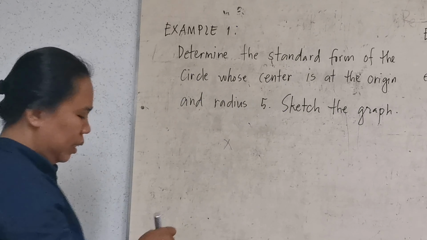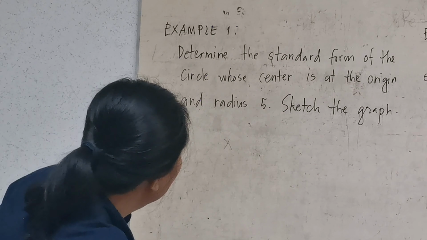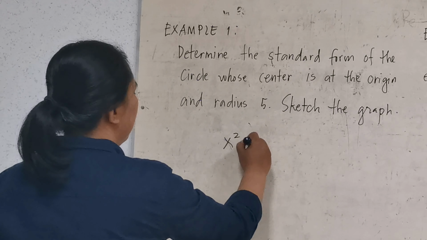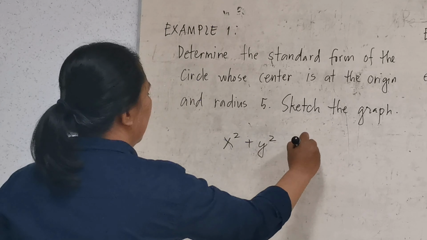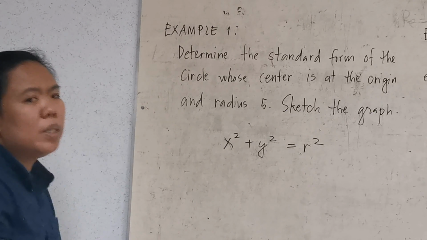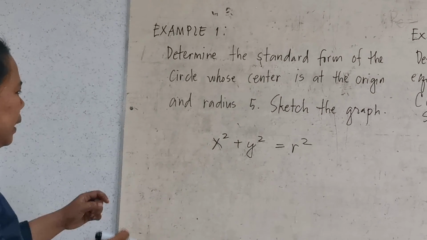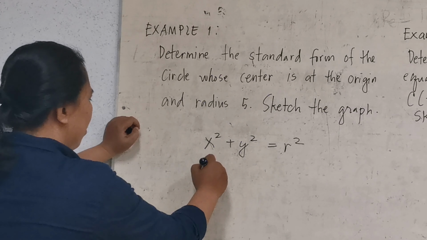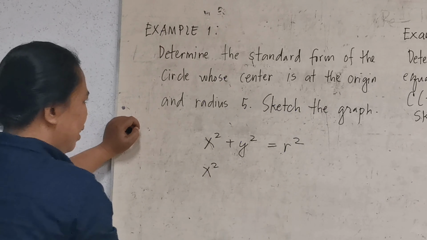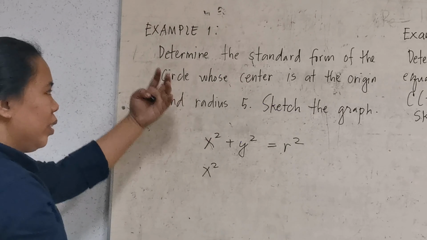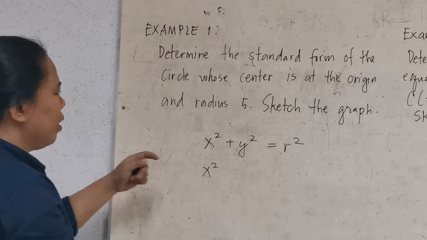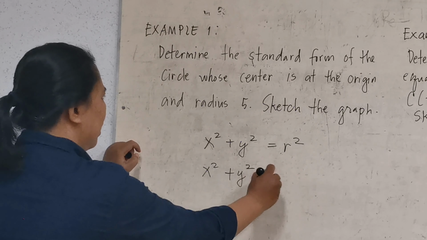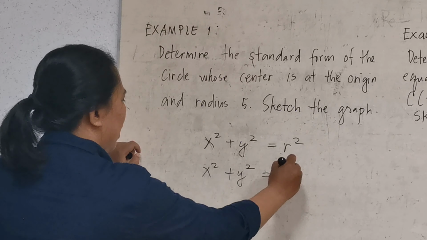So we have x squared plus y squared is equal to r squared. To simplify our task, x squared, of course, you just have to substitute the values that we have, plus y squared is equal to 5 squared.